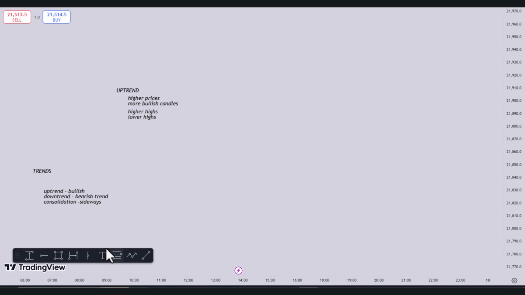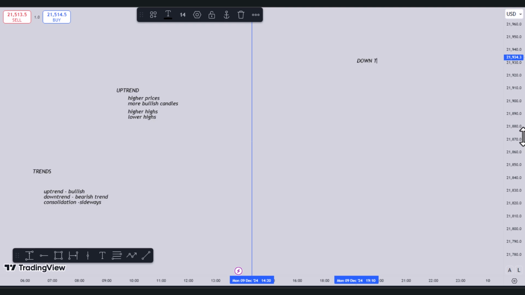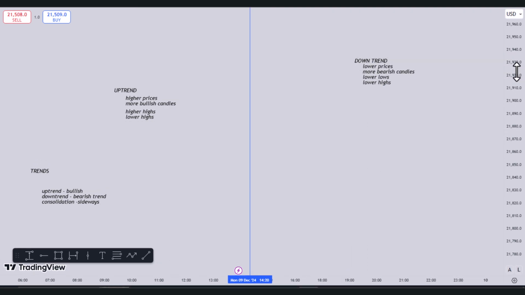Then of course we have an uptrend against a downtrend, so we shall have our downtrend right here, to give us this character. Like I said, in the downtrend we are first of all looking for lower prices, then we shall expect more bearish candles.